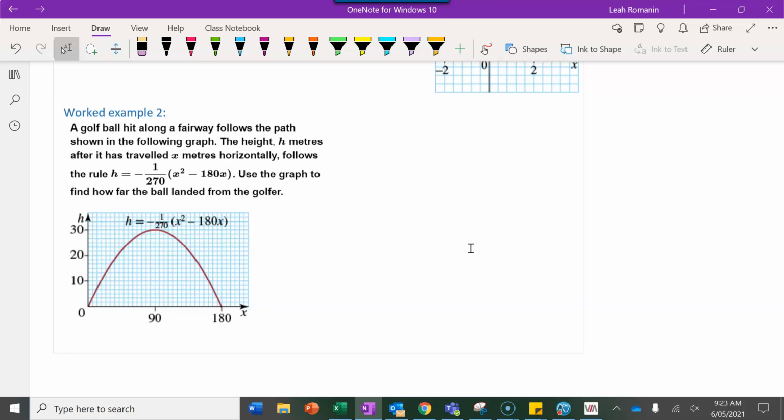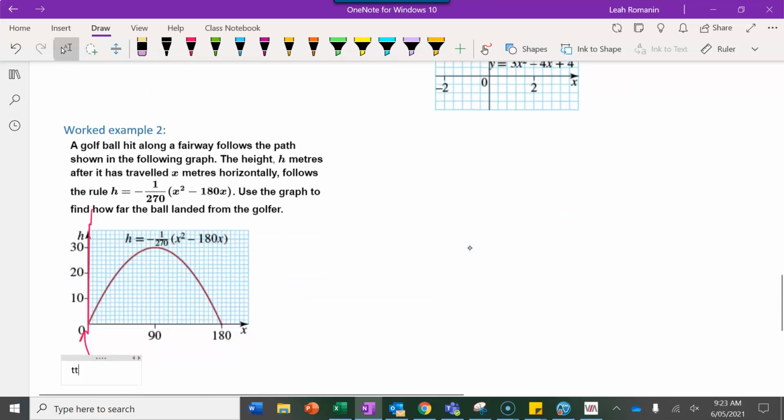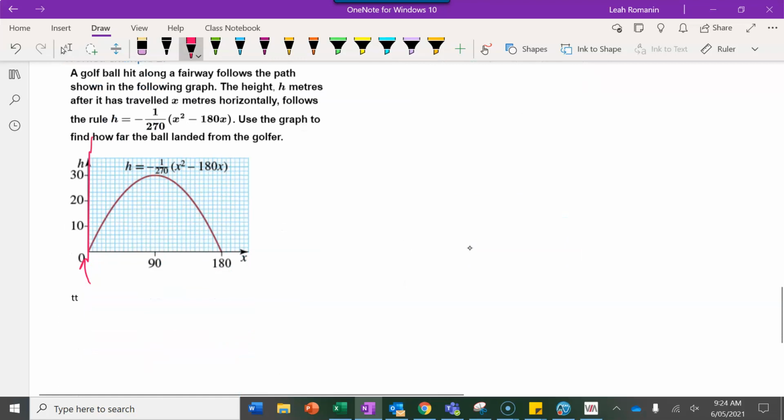We need to use this graph to find how far the ball landed from the golfer. So our golfer obviously is standing at 0. So if the ball landed here at 180, we need to find how far the golf ball went.